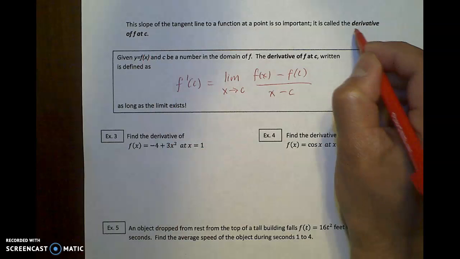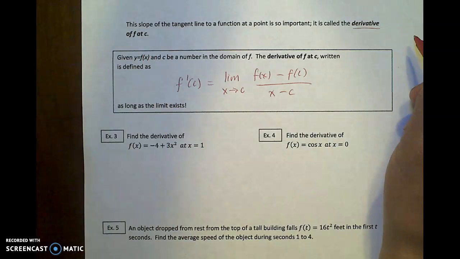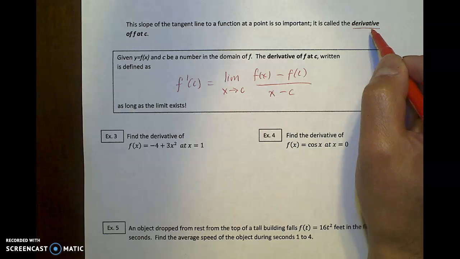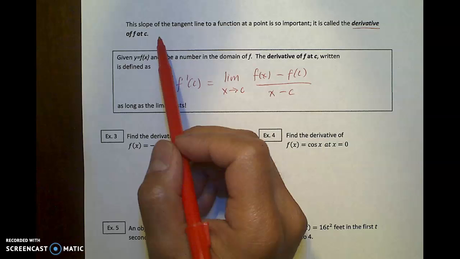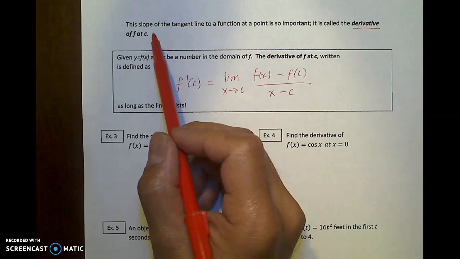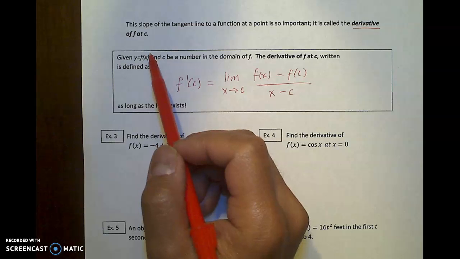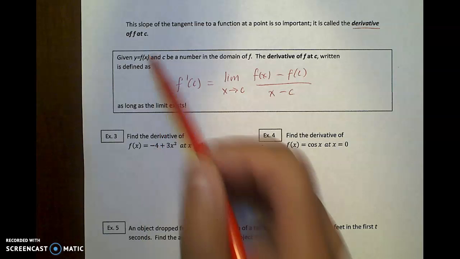So this is going to be a very important concept as you start calc in the fall. Right, derivative of the function. So when you're trying to find the derivative of a function at a particular point, it is related to the slope of the line tangent to the function at that point.